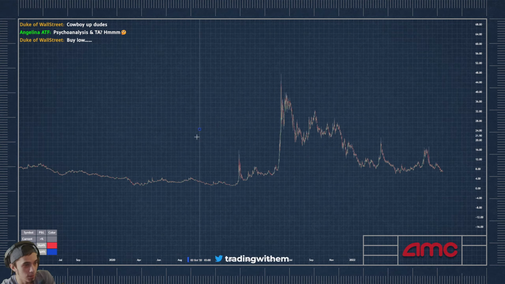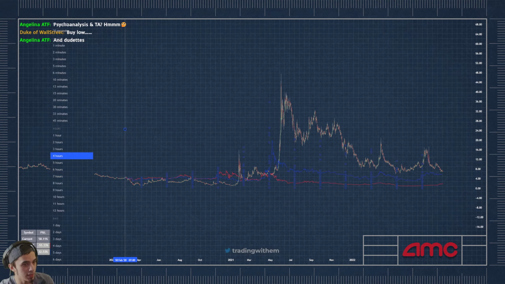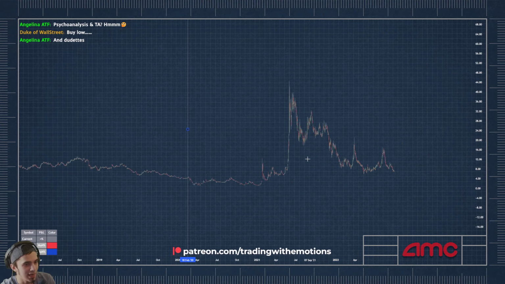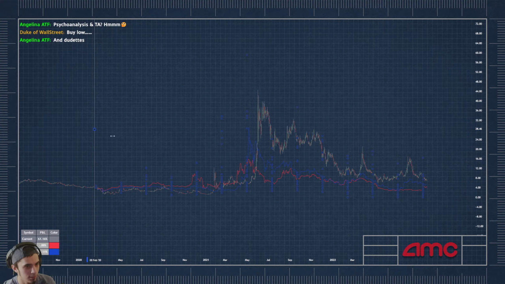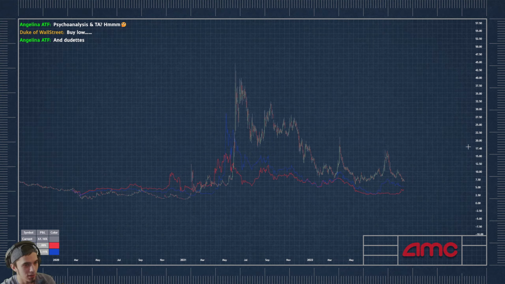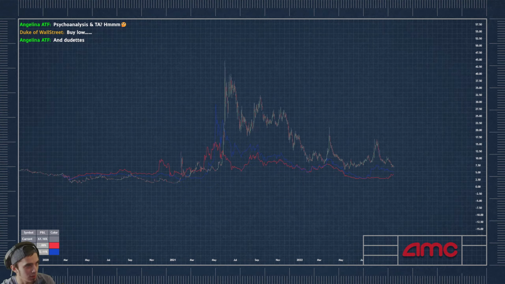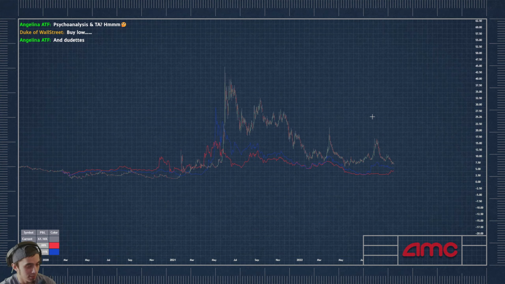All right, so what this tool does is it shows us the percentage return over a selected window period, and it allows for a better representation of what's actually going on when comparing all the charts.